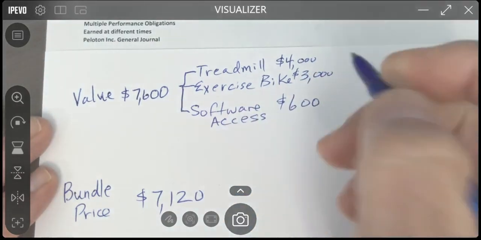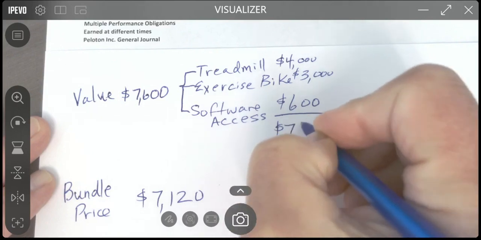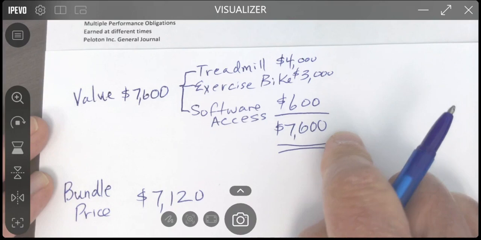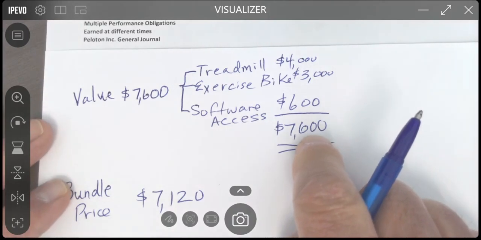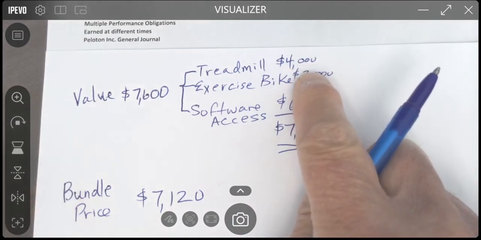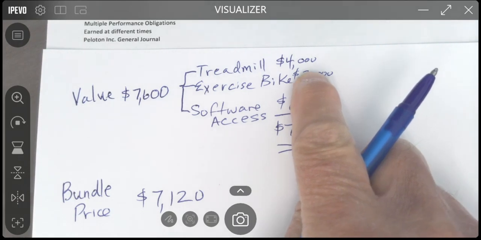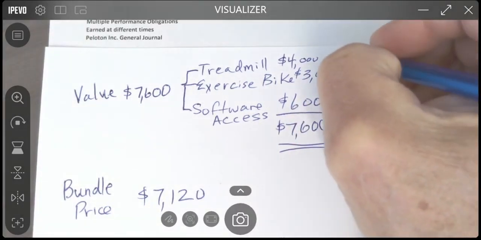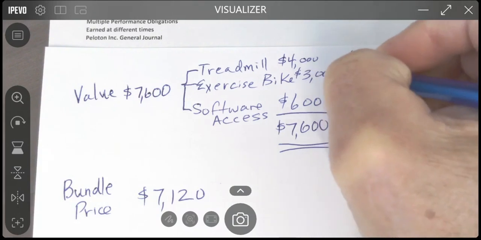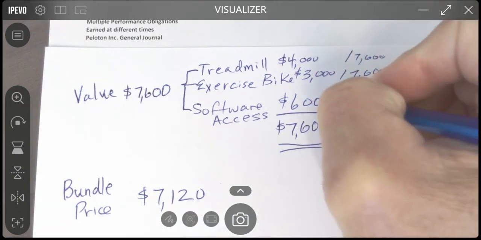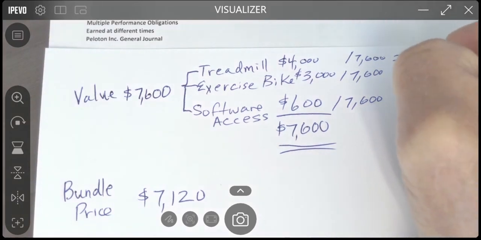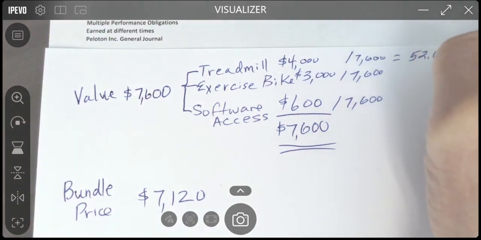Now, if you do the math on this, of the standalone price, $4,000, if you divide that by $7,600, you will see that that is 52.6%.